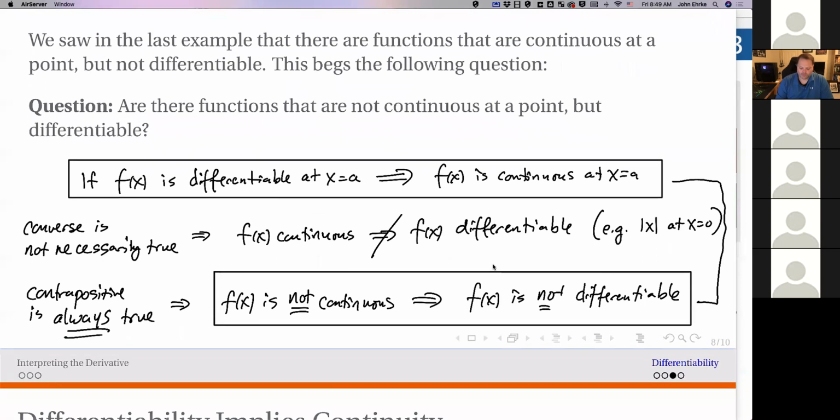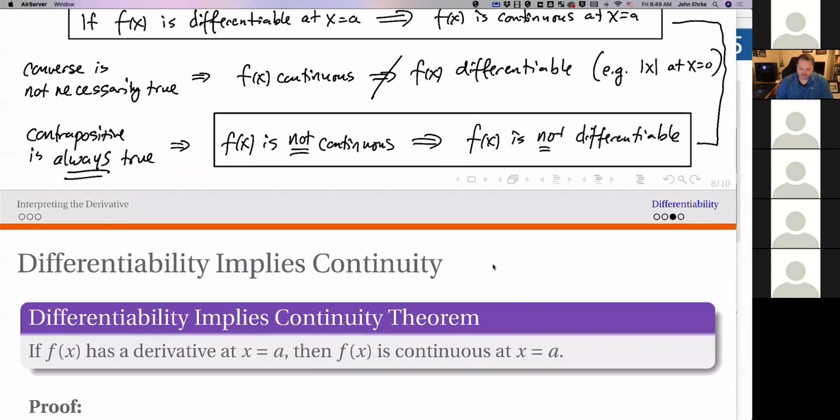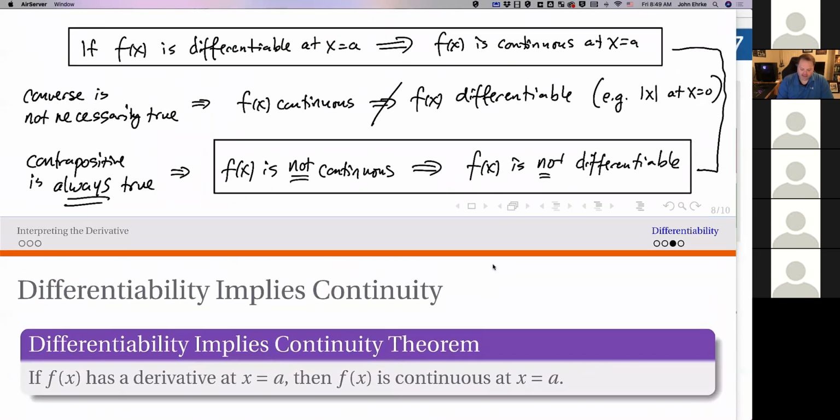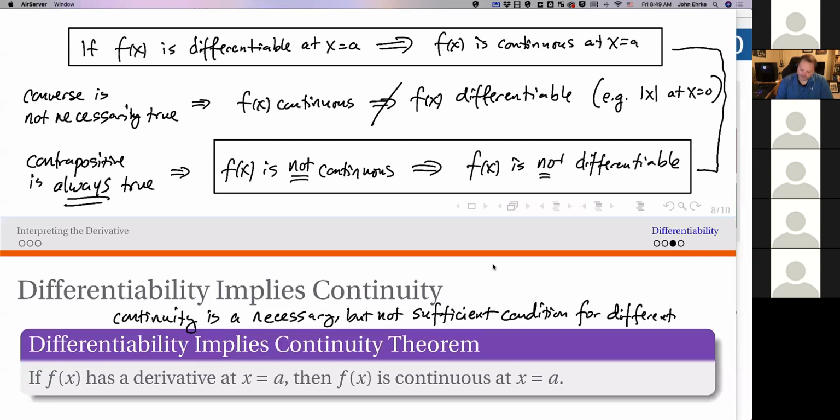So what we say is the following: continuity is a necessary but not sufficient condition for differentiability.